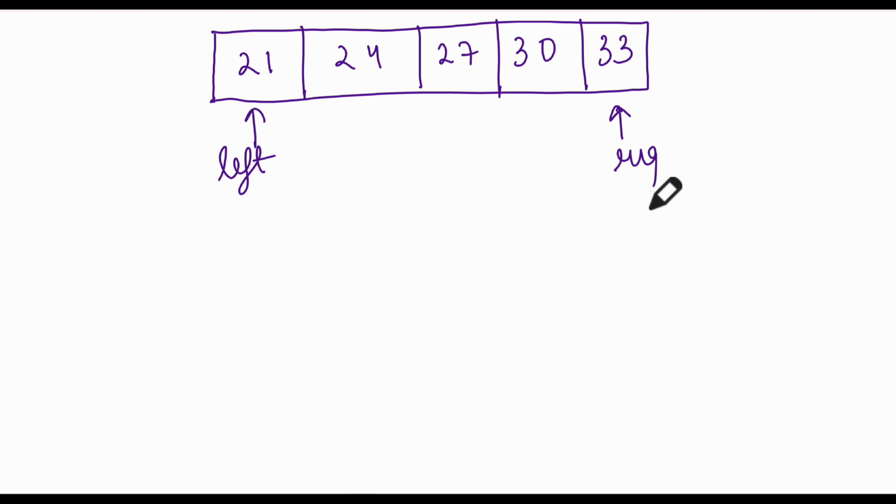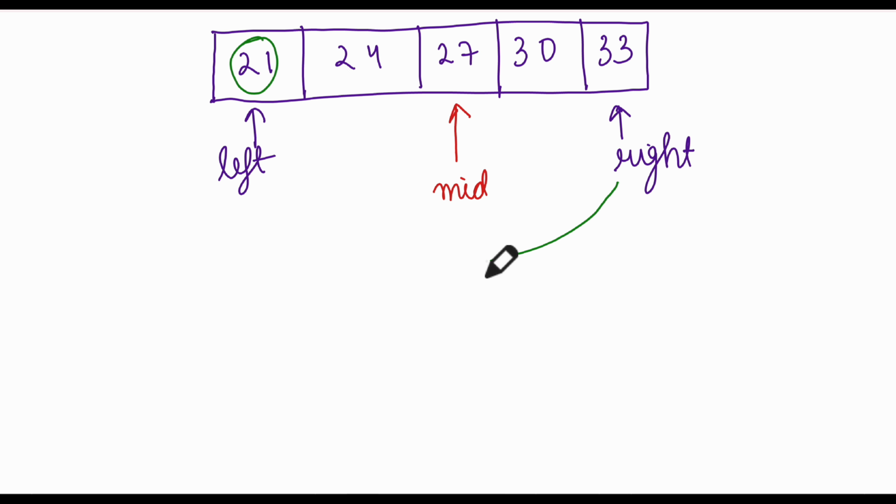Now what will I do? I'll create another mid pointer. What will be the midpoint of this particular list? It will be this. So this is my mid, and remember my target still remains 21. Now my midpoint is lying to the right of my target. Whenever such a scenario happens, I have to move my right pointer to the immediate left of the mid pointer.